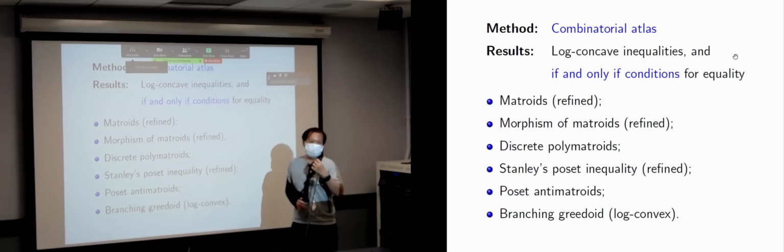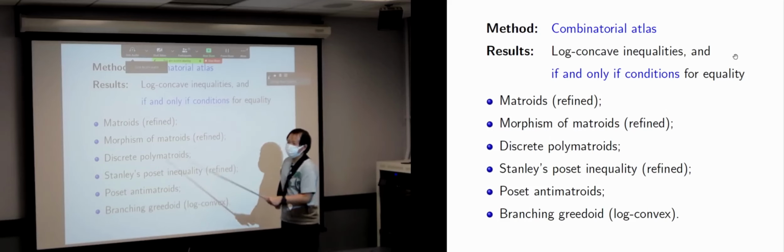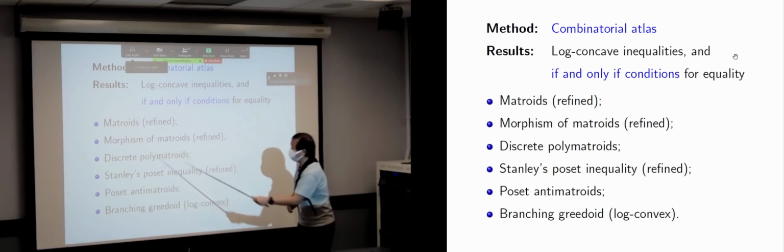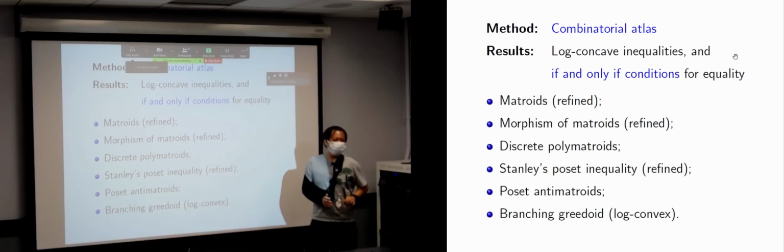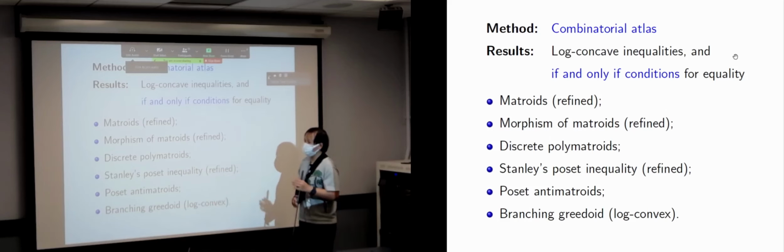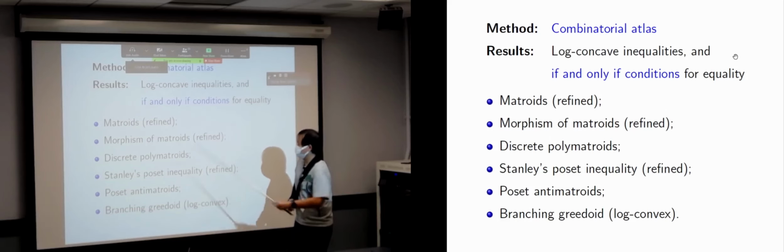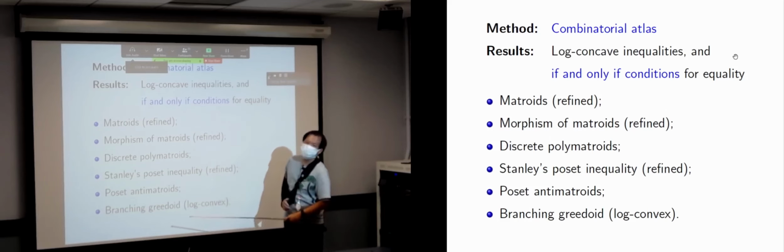By making the proof completely linear algebra, completely elementary, we managed to prove some known inequalities and refine them, for matroids and for Stanley's inequality. Furthermore, we also managed to prove new log-concave inequalities that were not known before, for discrete Fourier matroids, for poset antimatroids, and for branching greedoids.